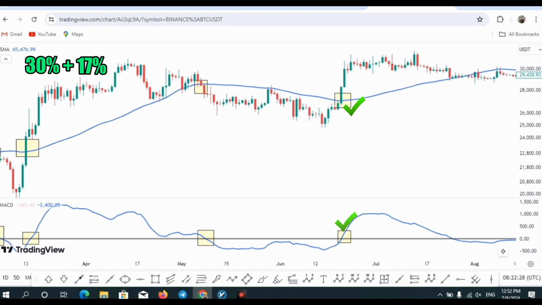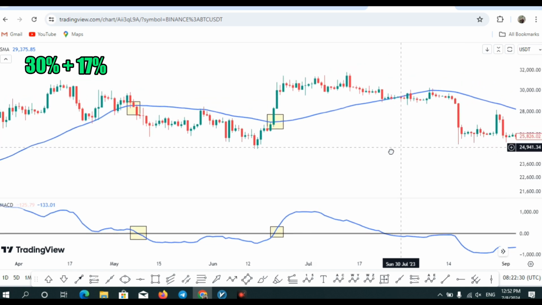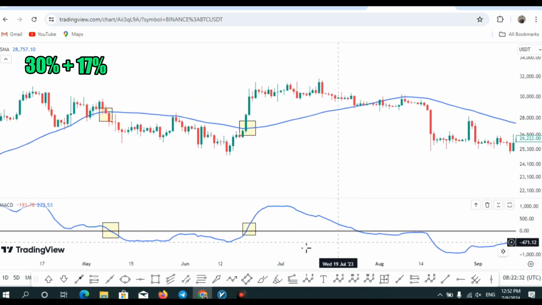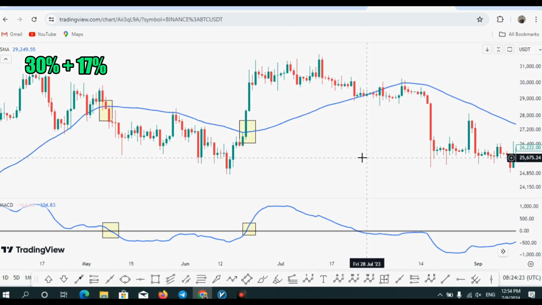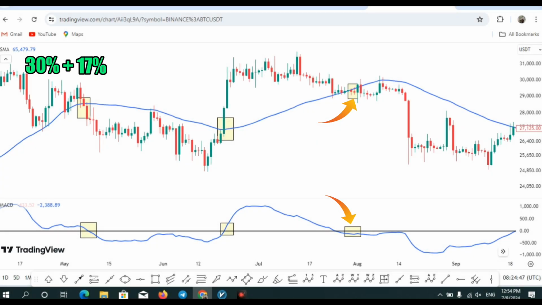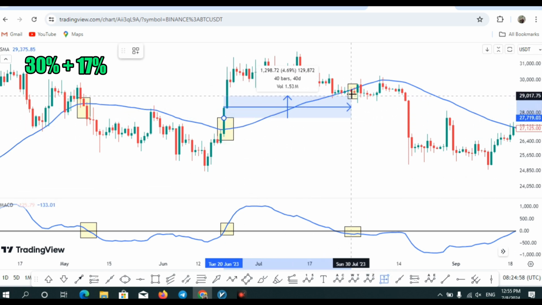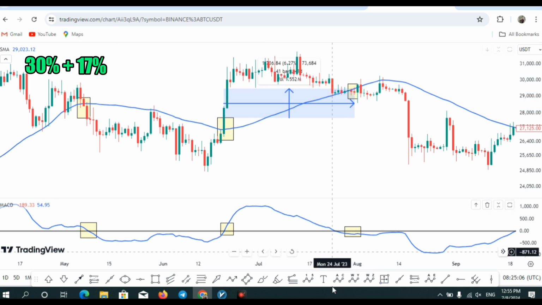And again, a buy position in this area, and selling in this area. I made 6% profit in this wave.